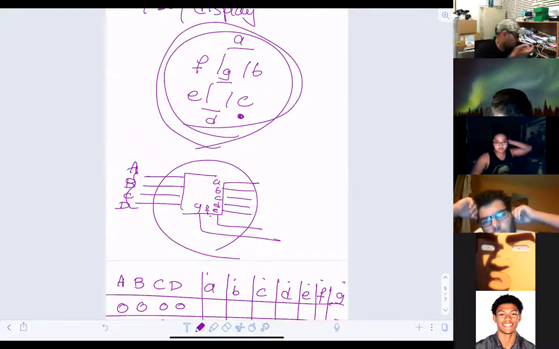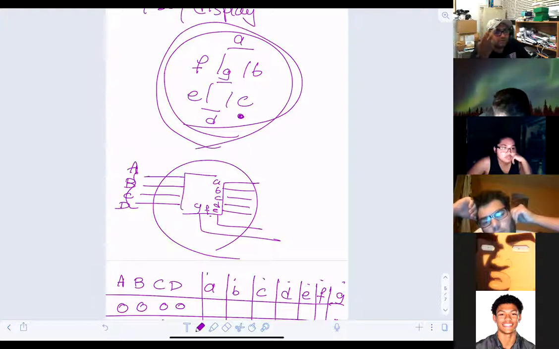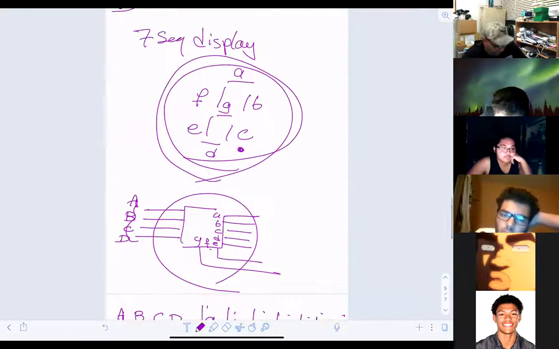Now we need to draw characters. We draw numbers on it, so let's see what numbers we can draw. We have 0 to whatever. We need to draw 0.